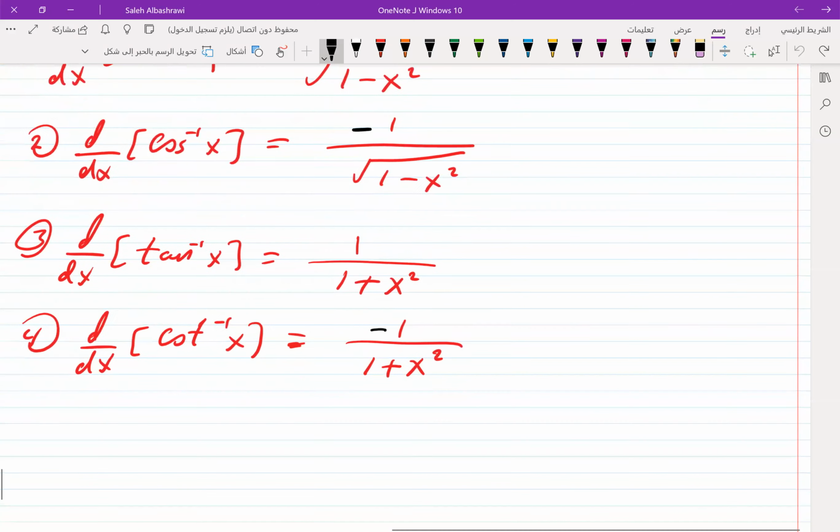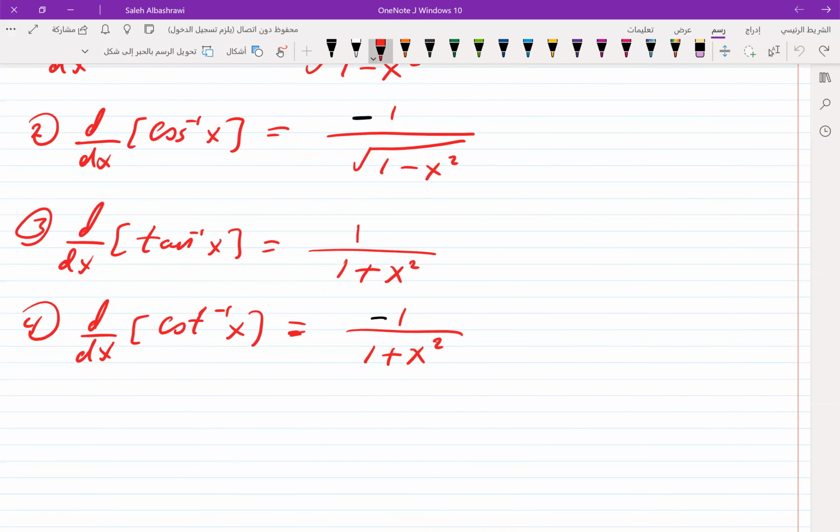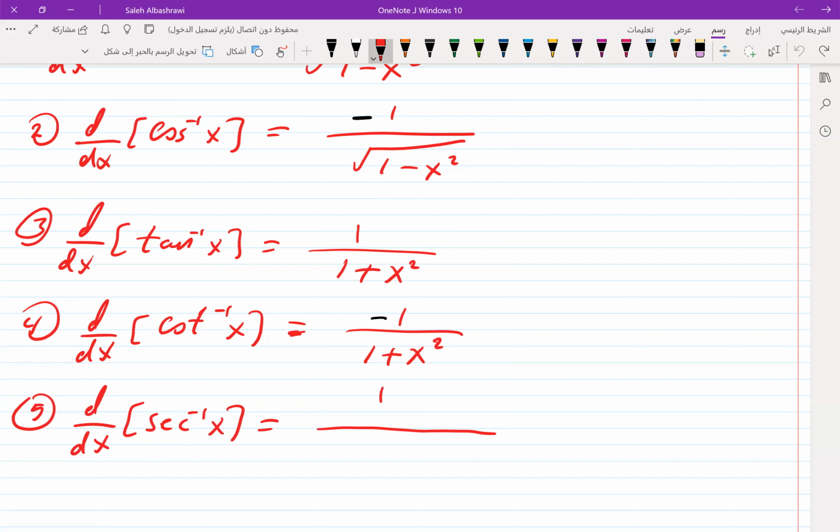Fifth one, secant inverse, is equal to 1 over the absolute value of x multiplied by the square root of x squared minus 1.